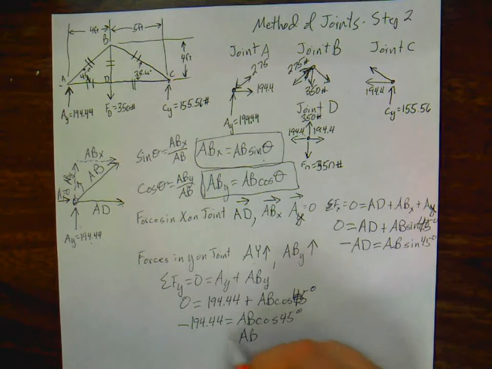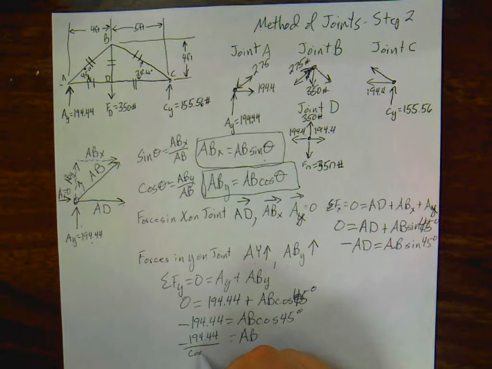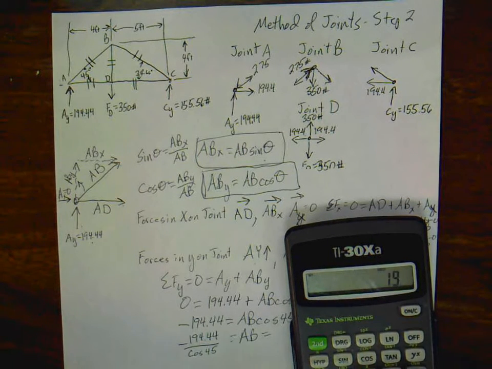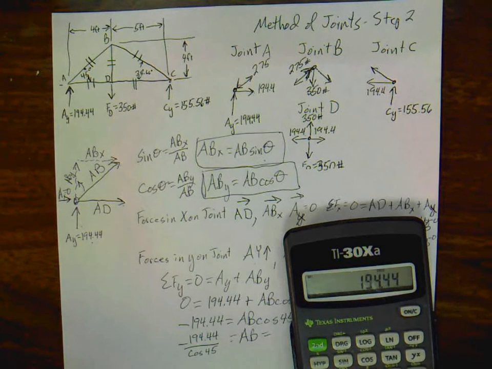So now we'll get our calculator: 194.44 divided by cosine of 45 equals 275 pounds. We'll just round up for now. So 275 pounds is AB.